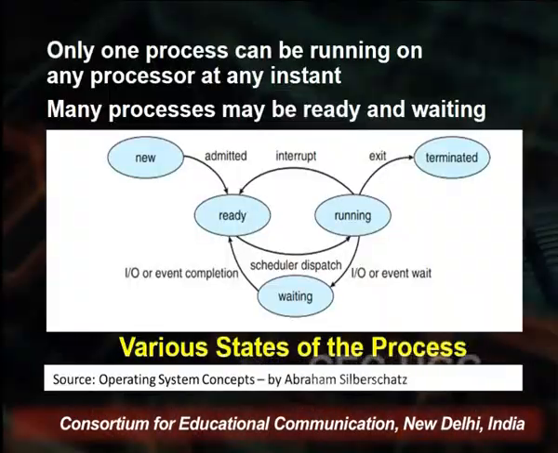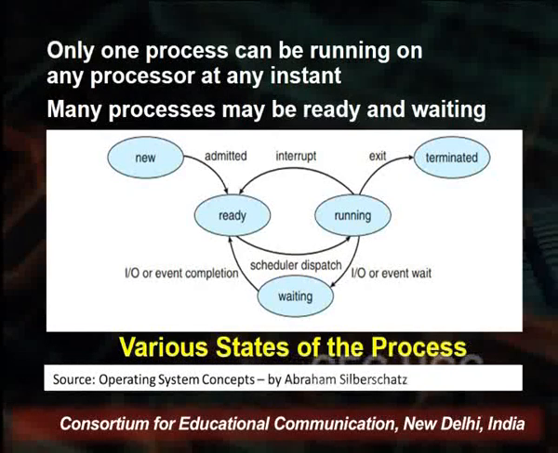Meanwhile, the CPU will be taken by another process, which is going from ready to the running state. Now, the process which was in the waiting state has completed its event, or has completed its input output, and is again ready to get the CPU.